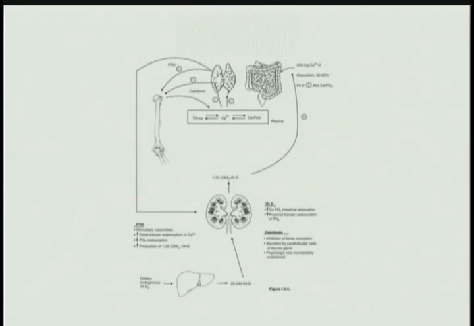And then I want to talk about just a couple of things more before we talk about hypercalcemia. I want to talk about the calcium that we measure in the serum right here. The calcium that we measure in the serum is bound to albumin. About 40% of the calcium that we measure in the serum is bound to albumin.